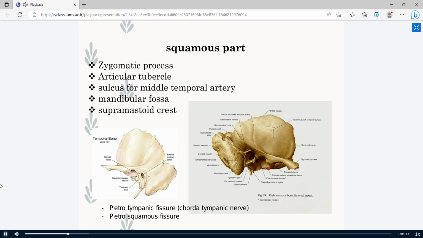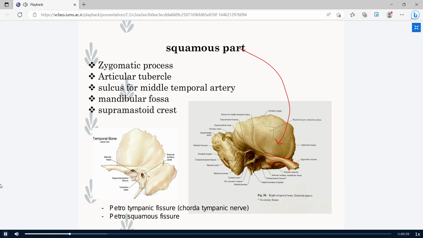And finally, in the squamous part of the temporal bone, you can see a zygomatic process. This is the zygomatic process. It has two roots, an anterior root and a posterior root.